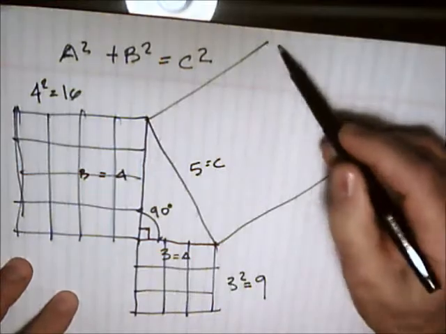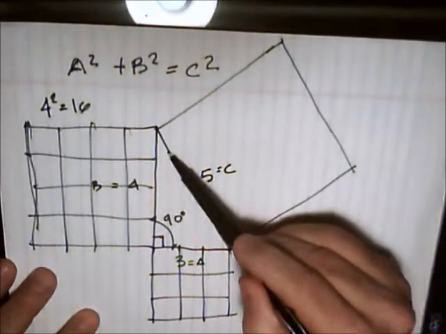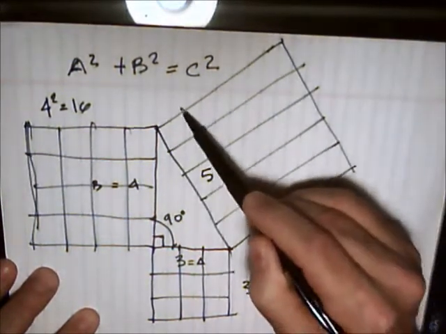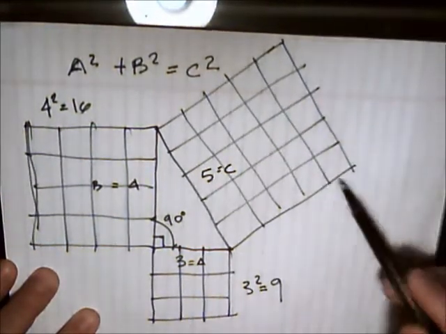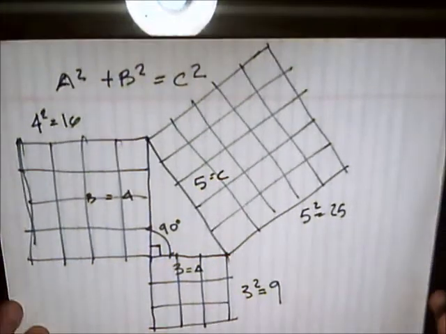A squared plus b squared equals c squared. If we square 5, you know the answer to this already. We're leading up to second base, don't worry. 5 squared equals 25.